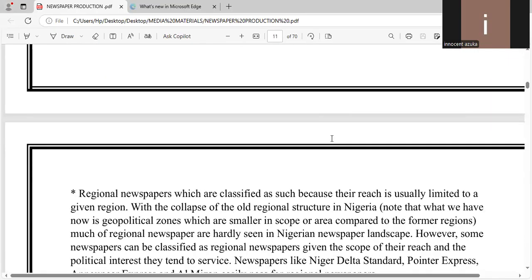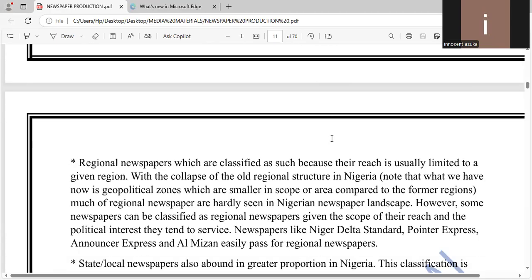Regional newspapers are classified as such because their reach is usually limited to a given region, with the collapse of the old regional structure in Nigeria.